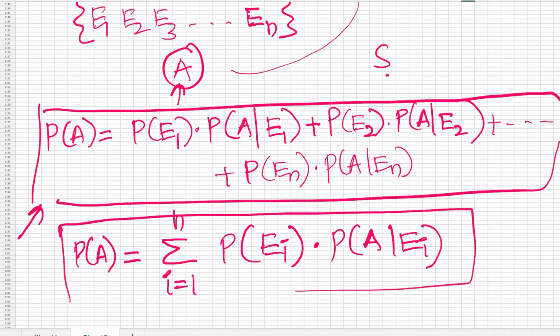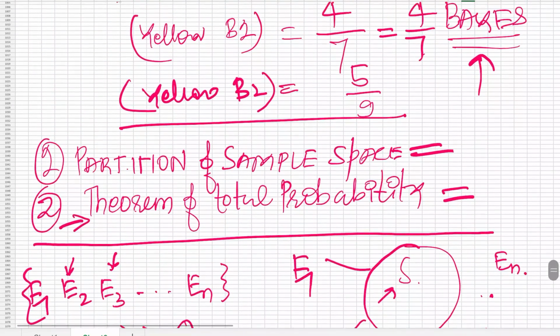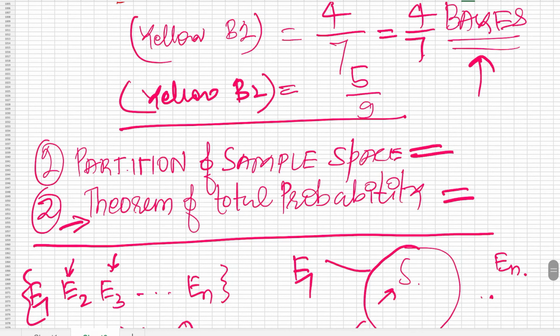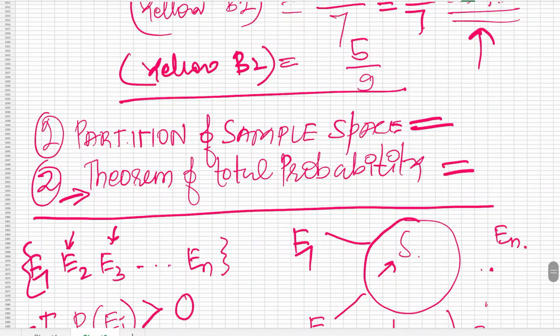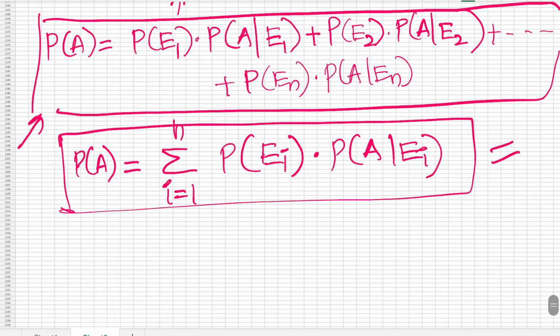This is how we can calculate the probability of a given event inside the sample space S, and this is the theorem of total probability, right? So we are now ready with these two things: we already know what a partition of the sample space is, and we know the theorem of total probability. Now we will be able to jump into the Bayes theorem.